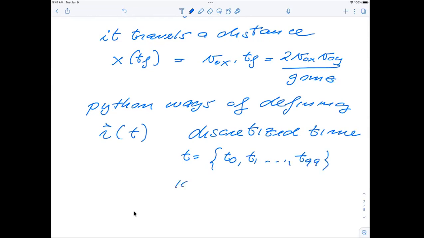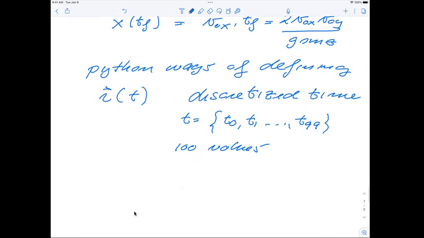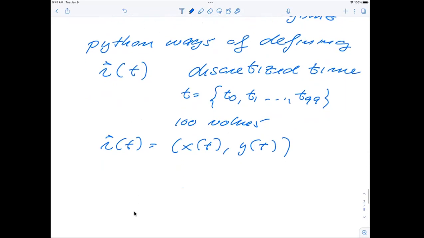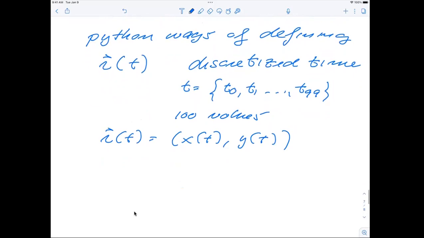So we have 100 values here. And then this r, we have r of t depends now on x of t and y of t. So there's no problem in introducing the Z component. And I see that my time is running out. So let me just set up that point.